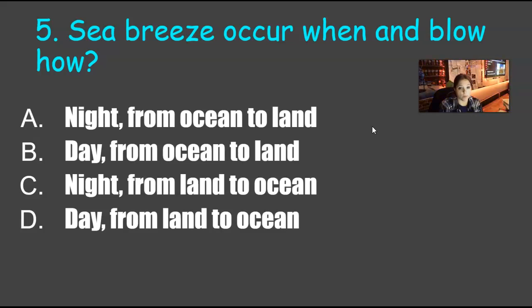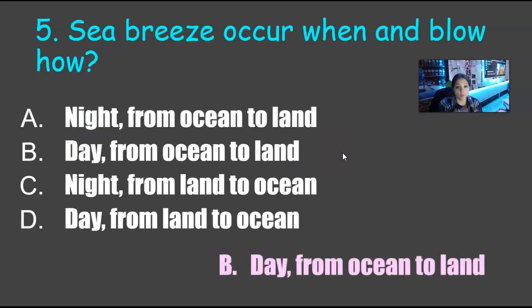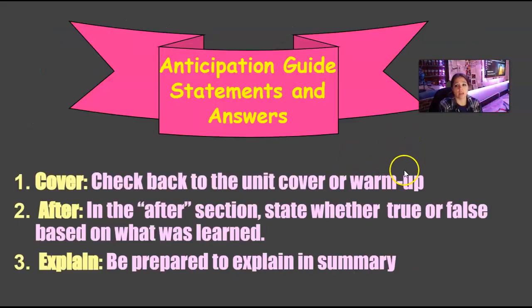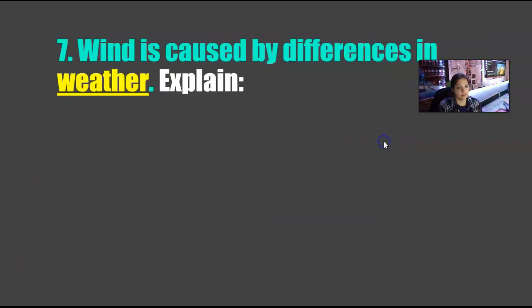During the day from ocean to land? At night from land to ocean? Or during the day from land to ocean? So a sea breeze, sea, sun, day, and it's going to be from the ocean, from that body of water, to land.